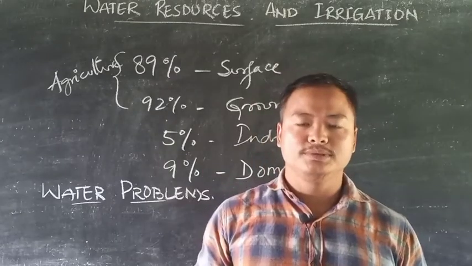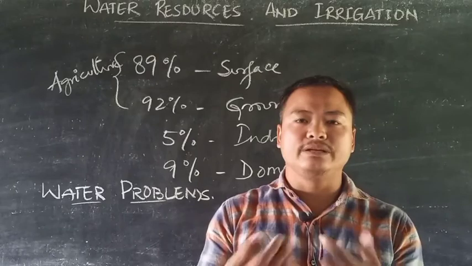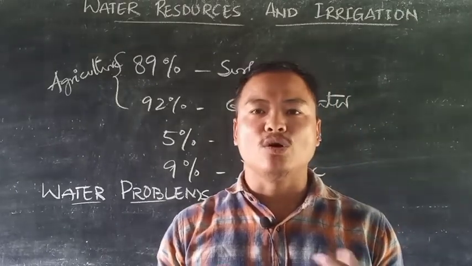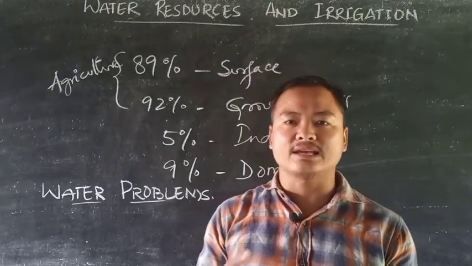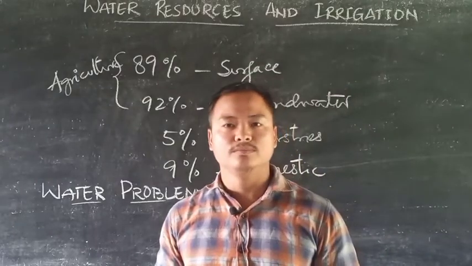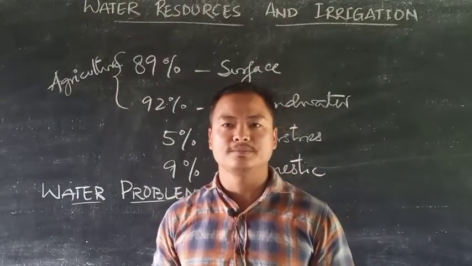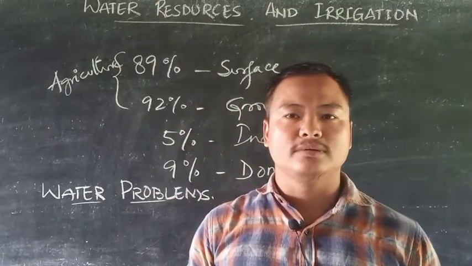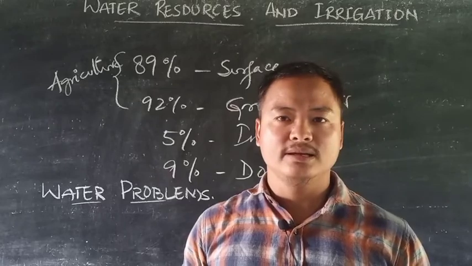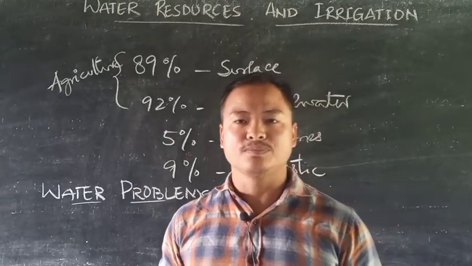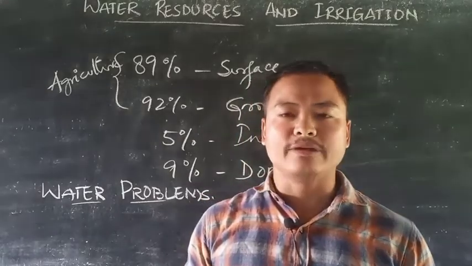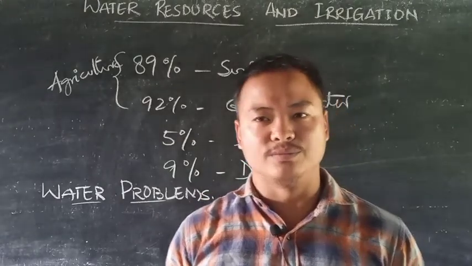Water problems. As we discussed in our earlier class, the whole world is facing an acute problem because of water shortage. Even whatever is available at present is under threat. The usable water is under threat, the reason being the various activities carried out by human beings.